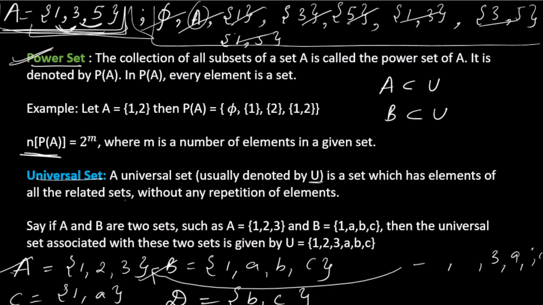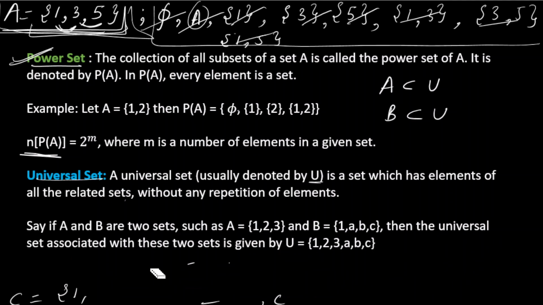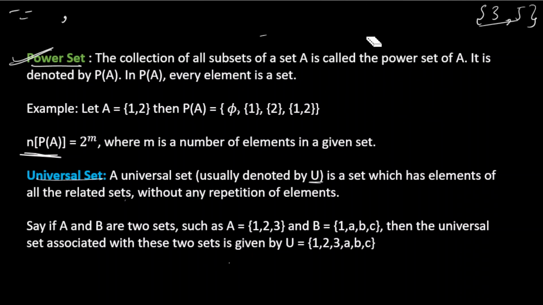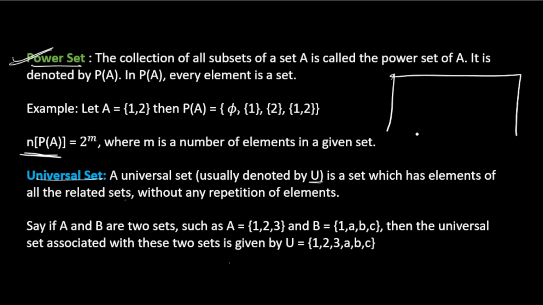Another example from maths I will take. Suppose I have the set of real numbers. With the help of diagrams, these Venn diagrams we will actually do in the next exercise, but here I will just give you a small introduction of this.